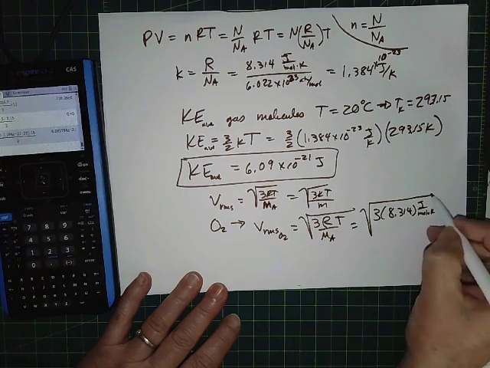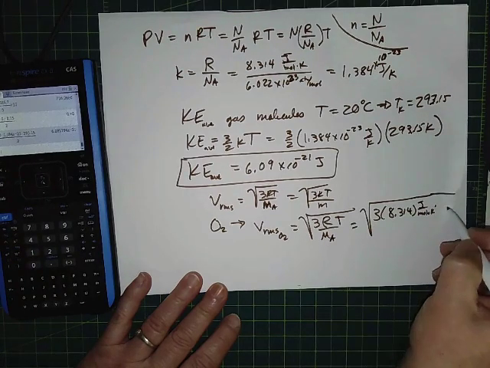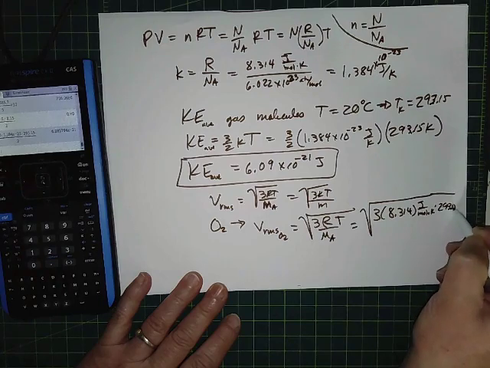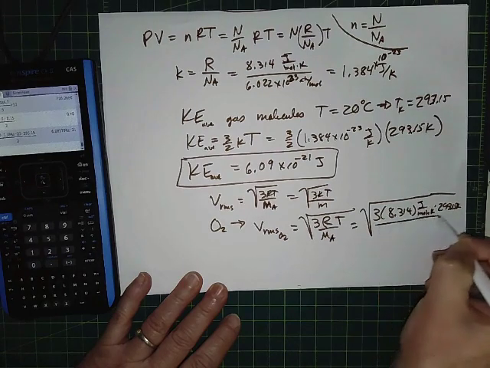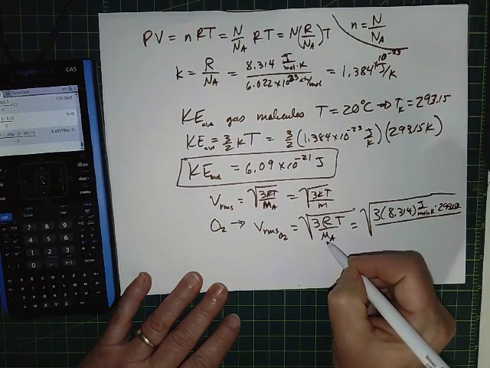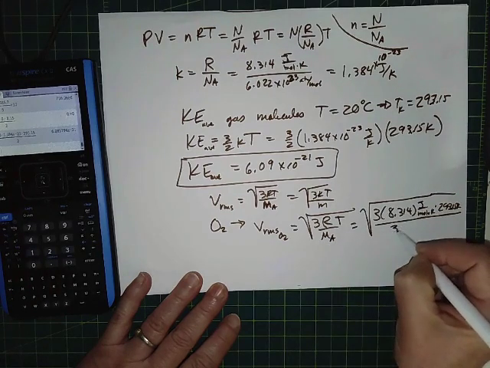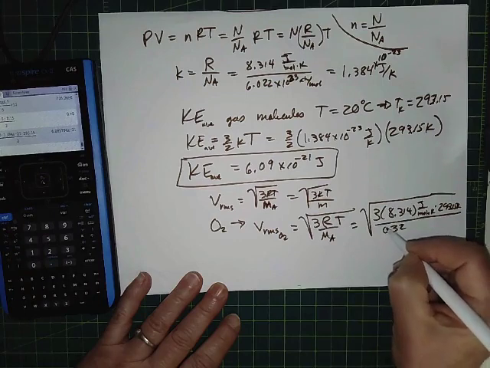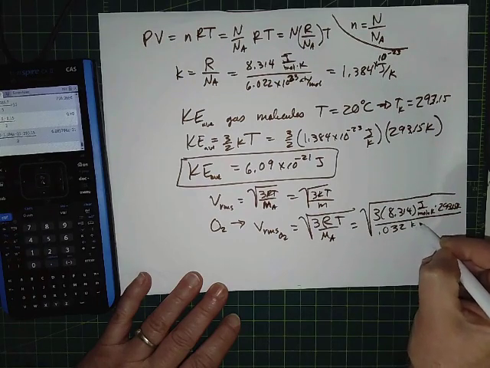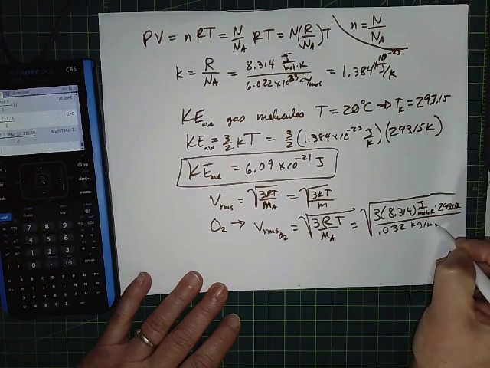And T we just found is 293.15 Kelvin. And then the molar mass of oxygen we talked about before, each atom is 16, together they are 32 grams per mole. So let's get it into kilograms: 0.032 kilograms per mole.